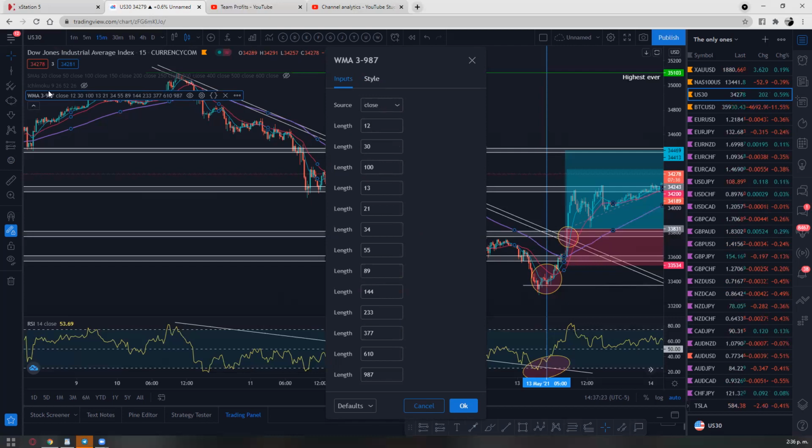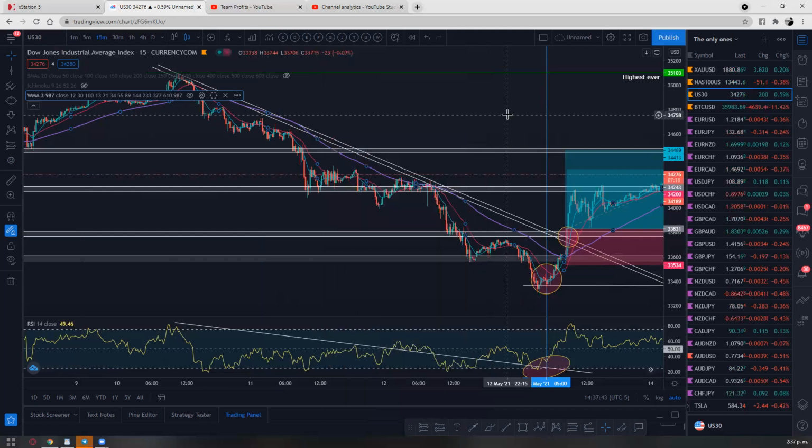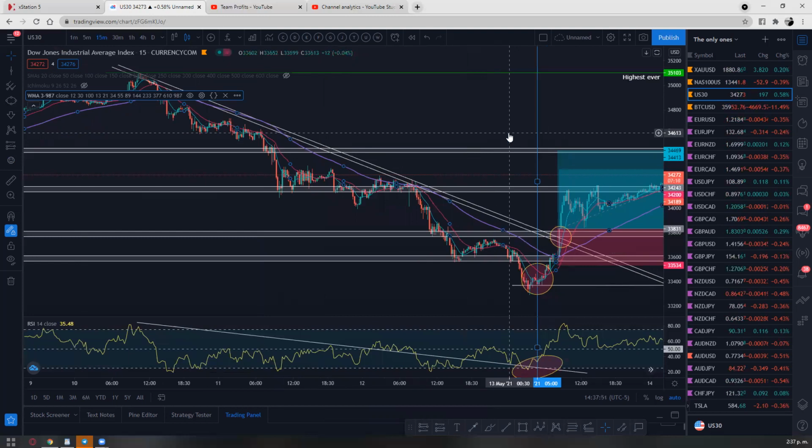These are like exponential moving averages or simple moving averages, but this is called a weighted moving average. This moves faster than the exponential moving average and the simple moving average. And I perfected this, like I mentioned, to pretty much detect breakouts and to give me entries.